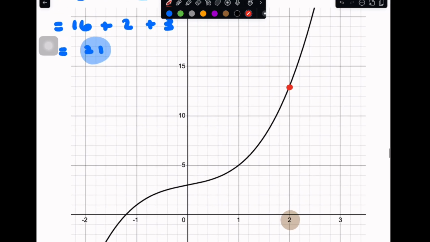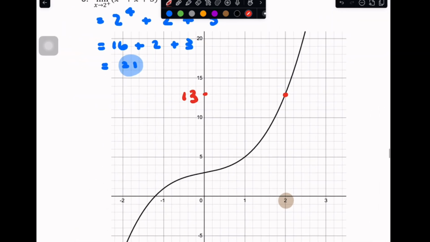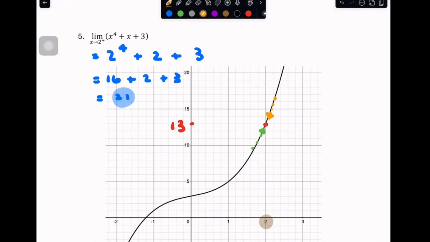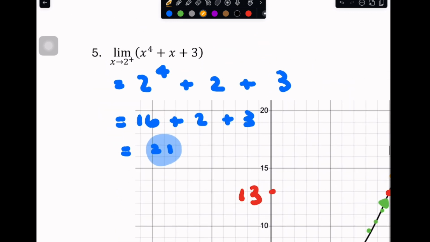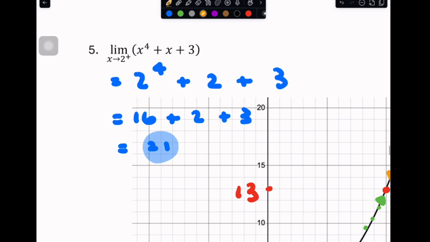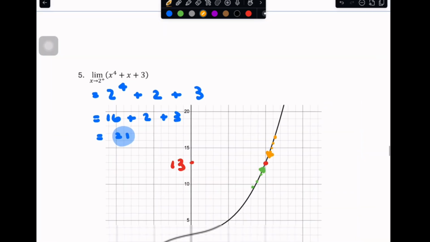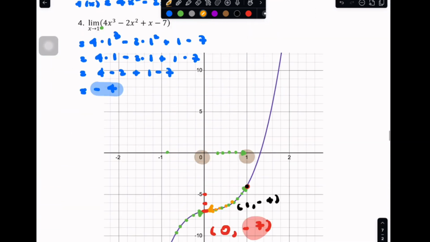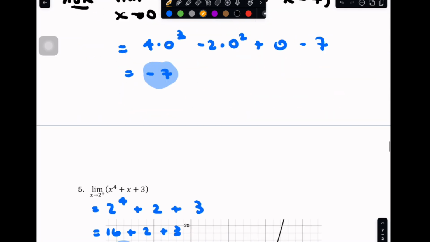See here? That's 13. That's not 21. If you approach from the left or the right, I know they approach the same location, the same y-coordinate, right? So I'm going to have to find out which one it really is. Whatever. We evaluated the limit. It's just that the curve is not consistent with the function. It's a different function. It might be the prior one. Maybe I screwed up. Or maybe not. Who knows?